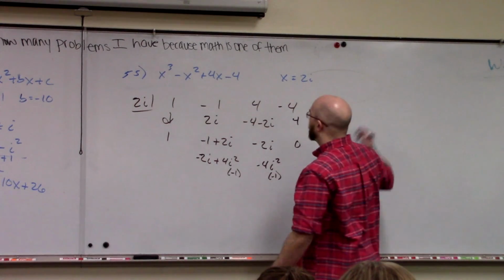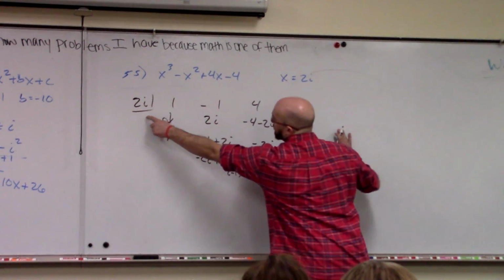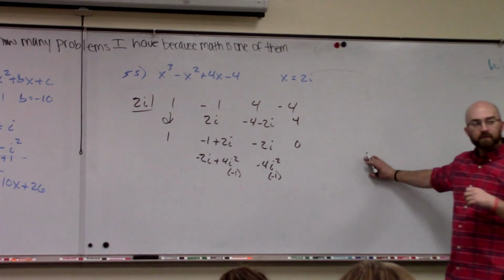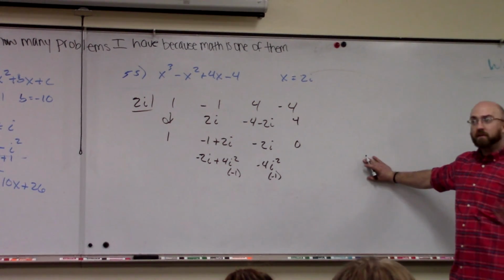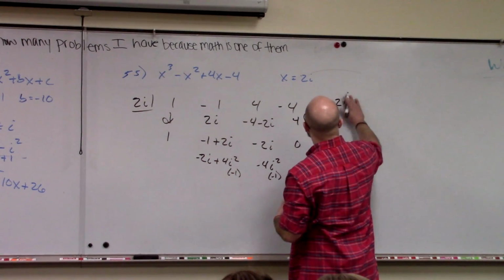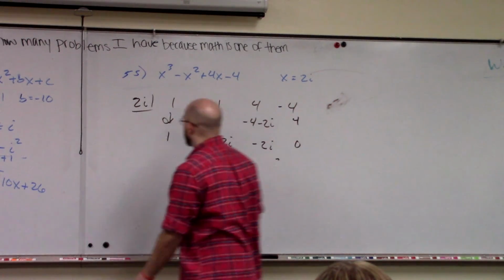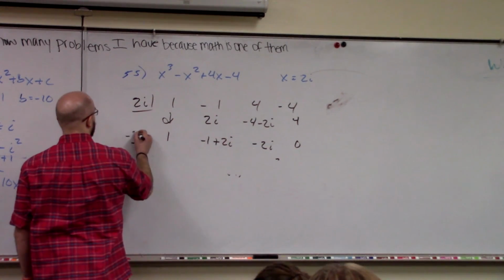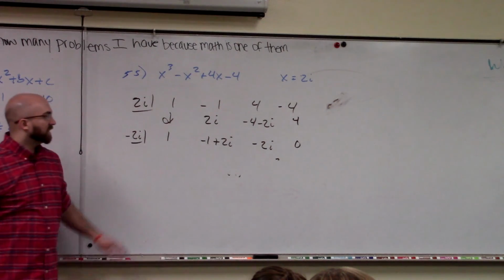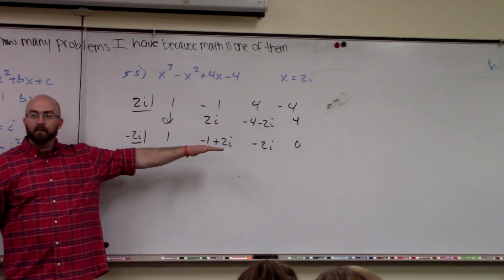Now we need to take this row right here. Because this is imaginary, what's the other 0? Negative 2i, the conjugate of it, right? Everyone good with that?